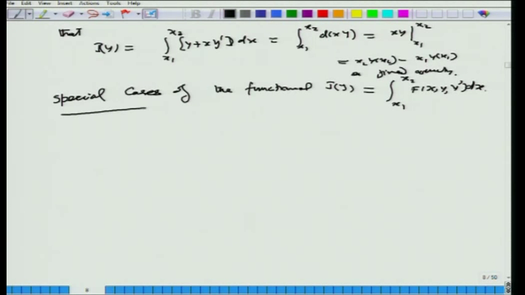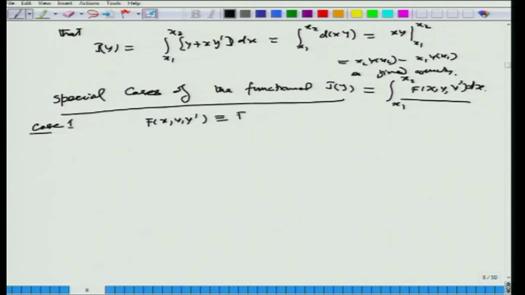So, when some of the variables are not present, then we get special cases. The first special case we consider here, see in general f is a function of x, y, y prime. So, let us say this is only a function of y prime. So, here x and y do not appear explicitly in f.